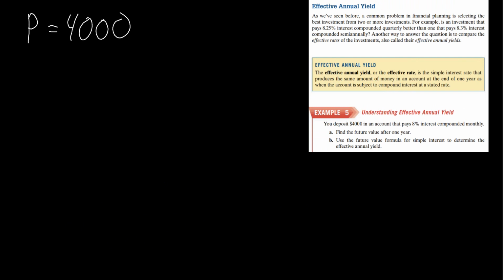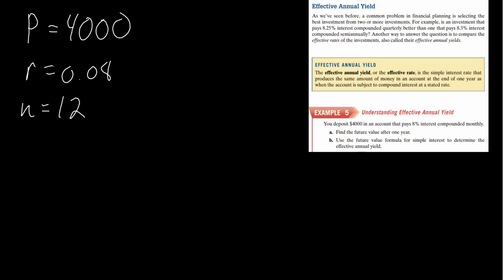Interest rate is 8%, so 0.08. Compounded monthly, so N is equal to 12, and I think that's it.